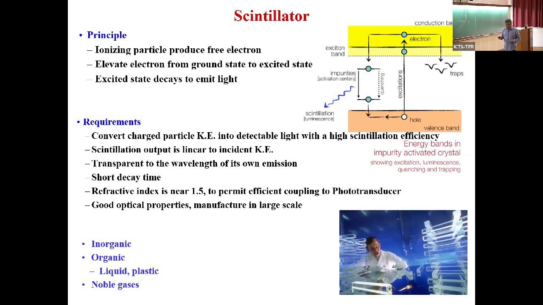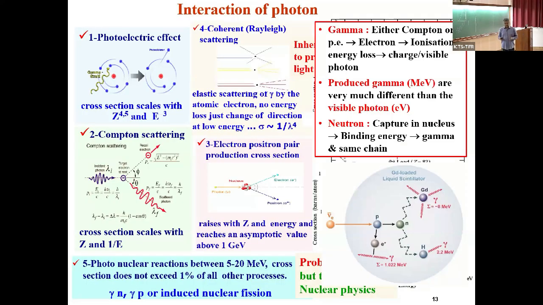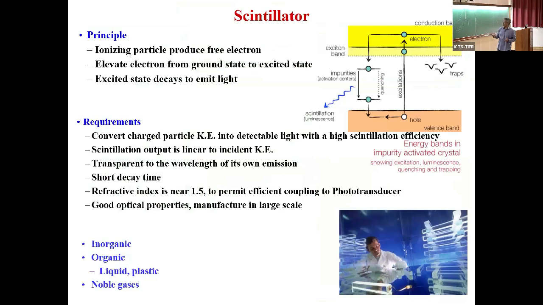And then gamma gives you a charged particle producing visible photons. Visible photons means you have to use scintillator materials where the gap between the valence band and conduction band is in the visible energy range. If we have a device in that visible range, we can use it directly.